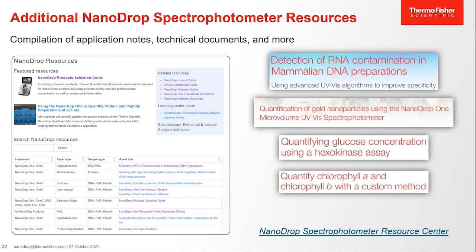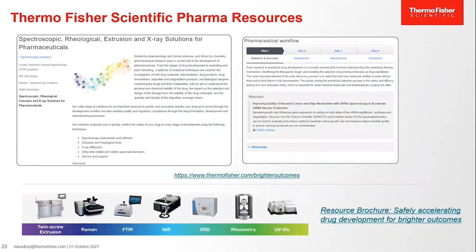So in addition to nucleic acid assessment, the NanoDrop microvolume spectrophotometers can be used to quantify a wide range of molecules.